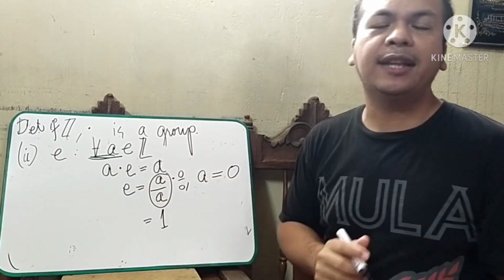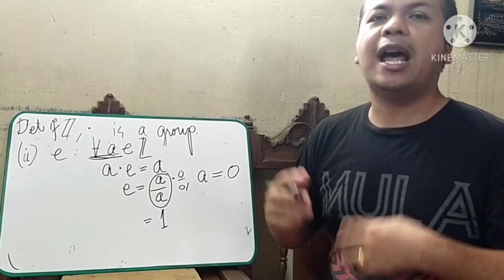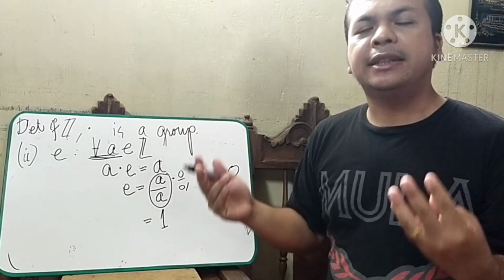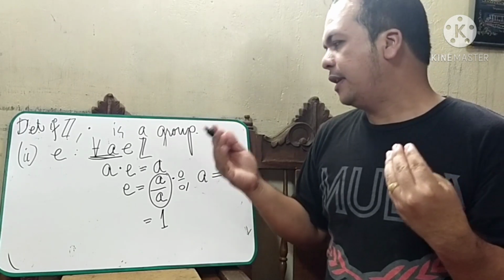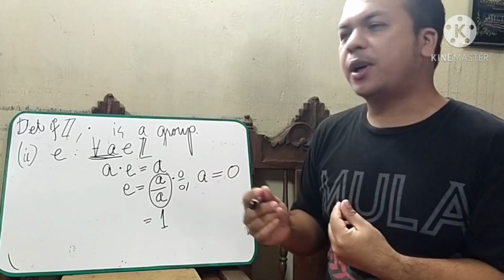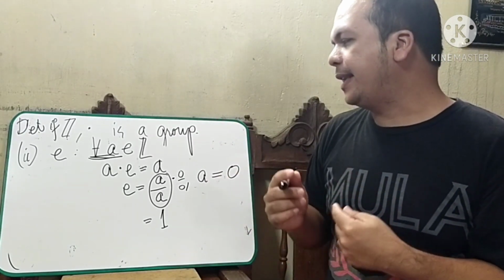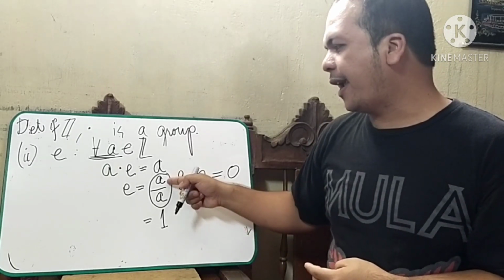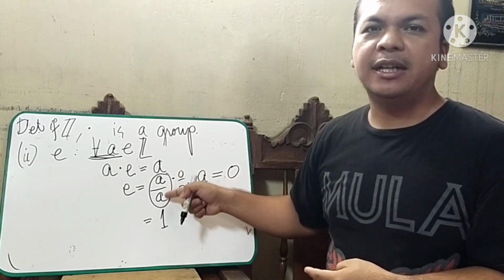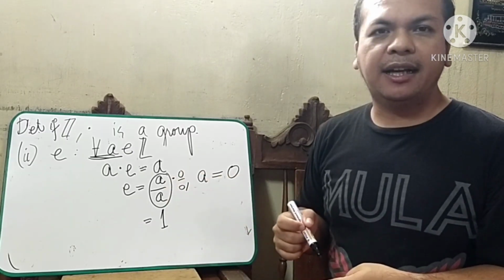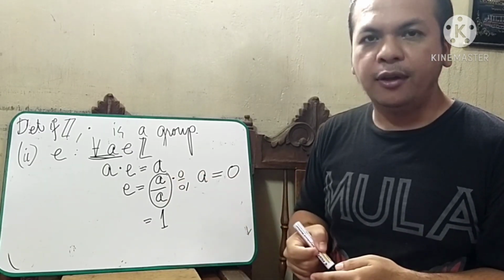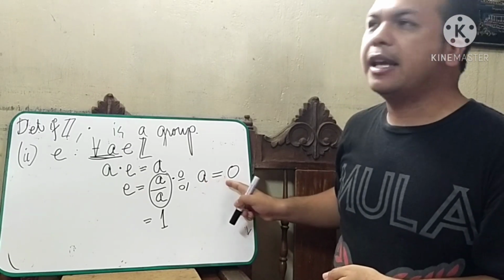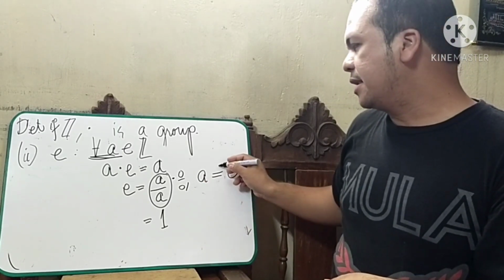No, ang ating quantifier is for all. So lahat daw ng integer meron siyang identity element in the form of A over A. However, that is not applicable for A equal to 0.